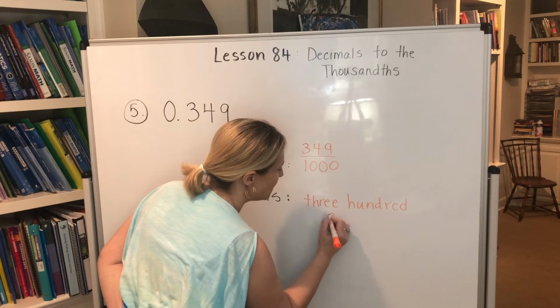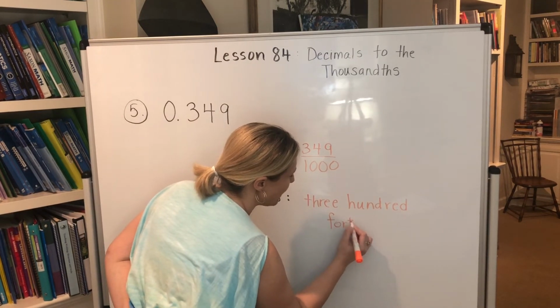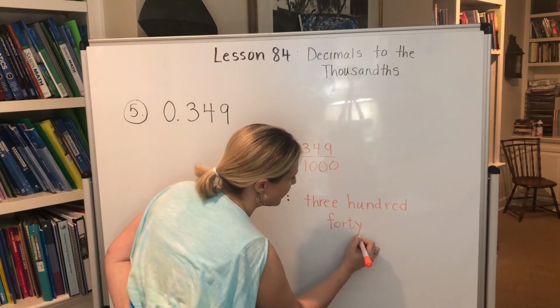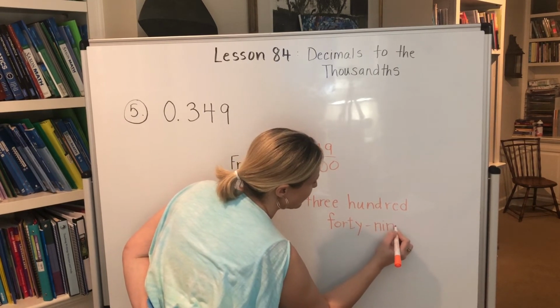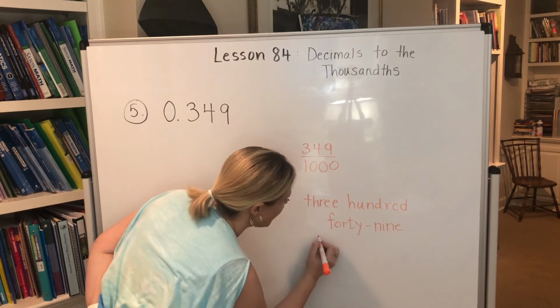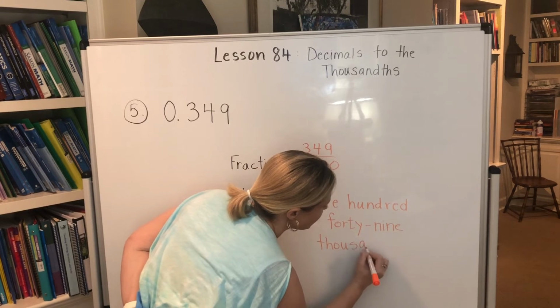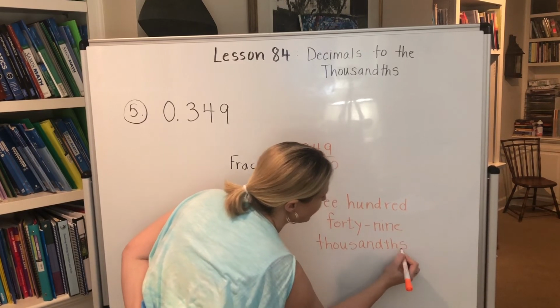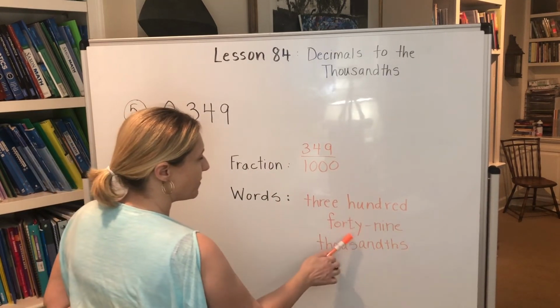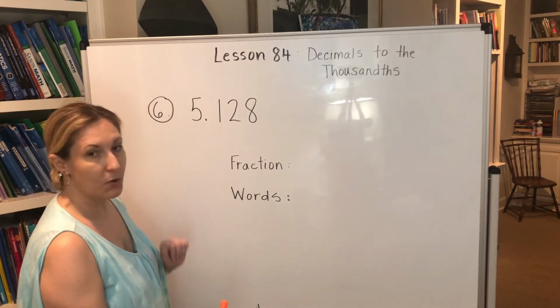They take the U out for some reason and spell it without the U. 49, okay, thousandths. So we need to write thousandths, and that's with a D-T-H-S on the end of it. 349 thousandths.